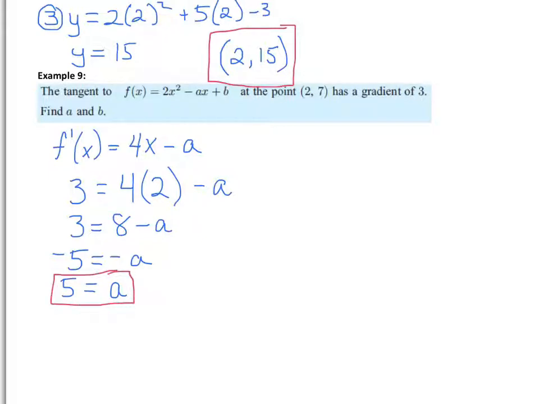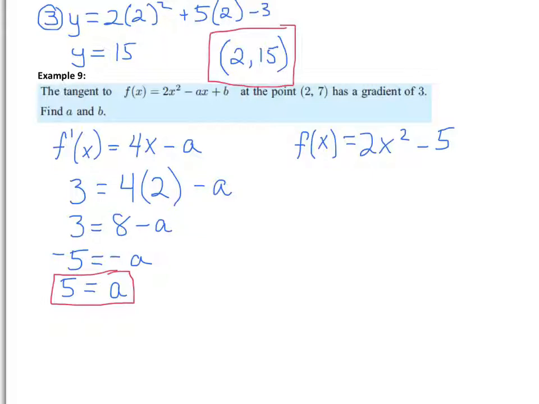All right. Now I need to go ahead and do a little bit more work to find b. So I'm just going to take a second. I'm going to rewrite the original function that I'm given in the problem, f of x equals 2x squared minus ax. But in this case, I'm going to put in the 5 that I know a is, right?